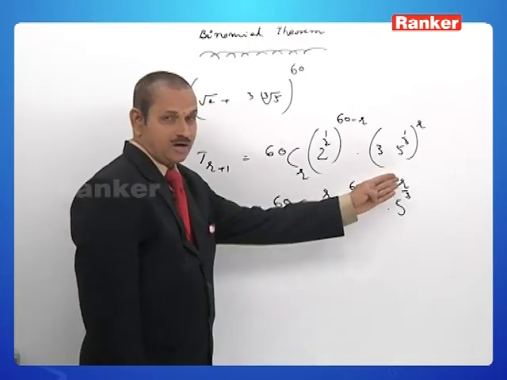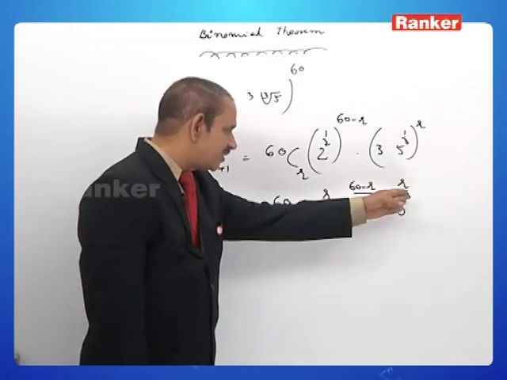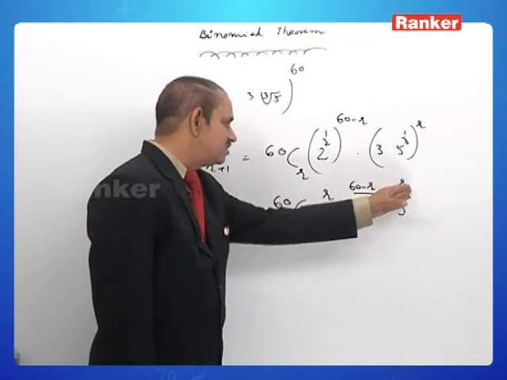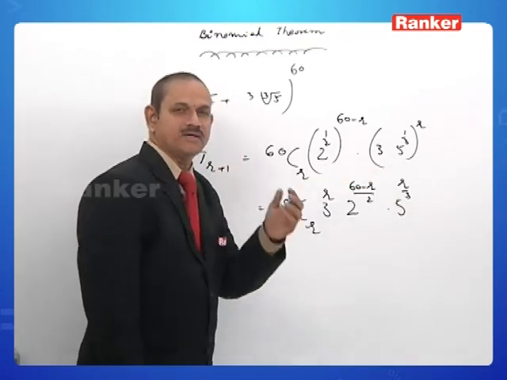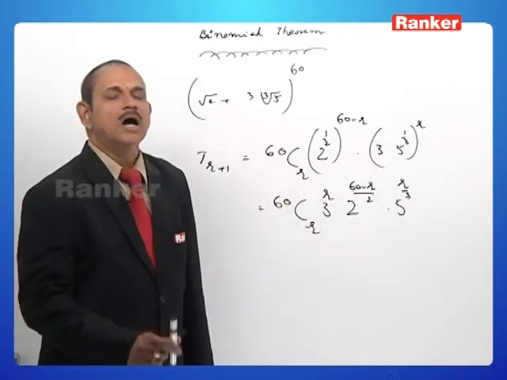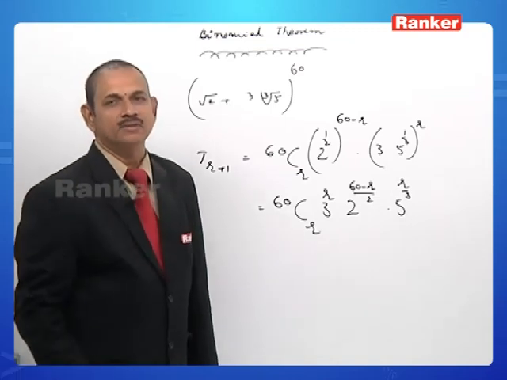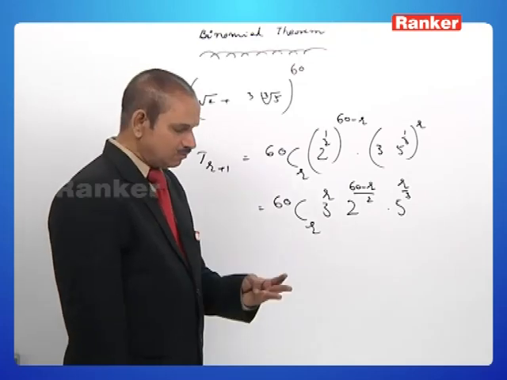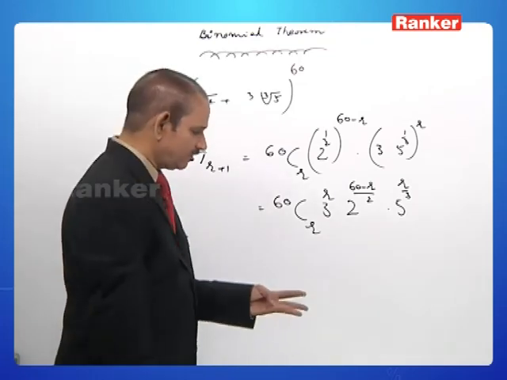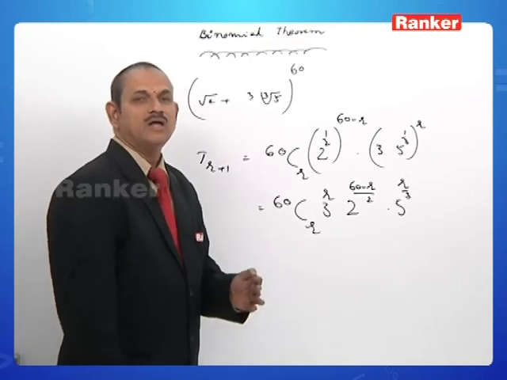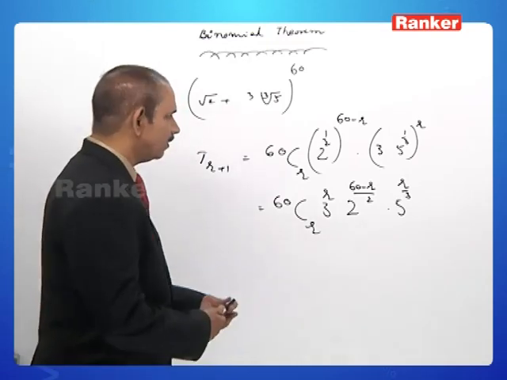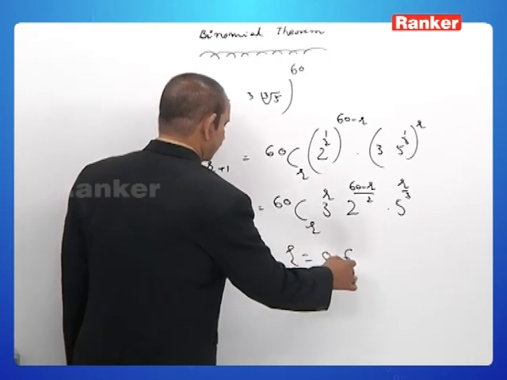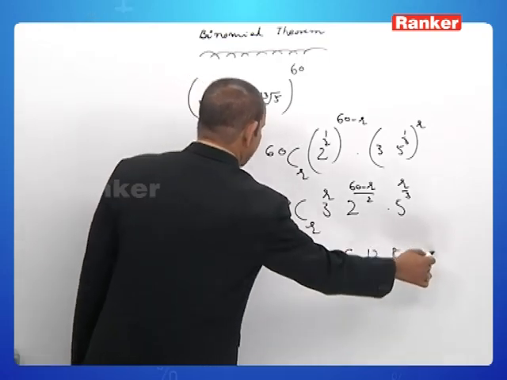Of course, if you put r is equal to 3, then r by 3 becomes an integer, but 60 minus r by 2 does not. Both of these must become integers, and that can happen when r is a multiple of 6: 0, 6, 12, 18 and so on. So this becomes an integer if and only if r is equal to 0, 6, 12, 18 and so on.